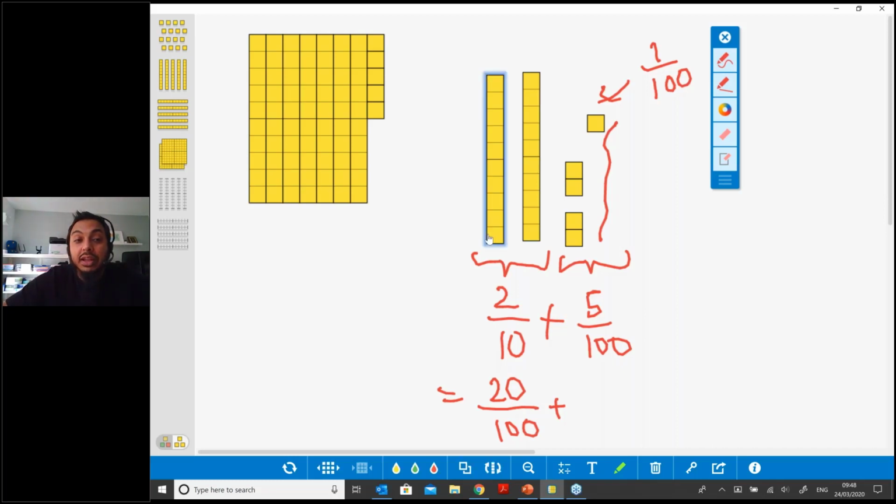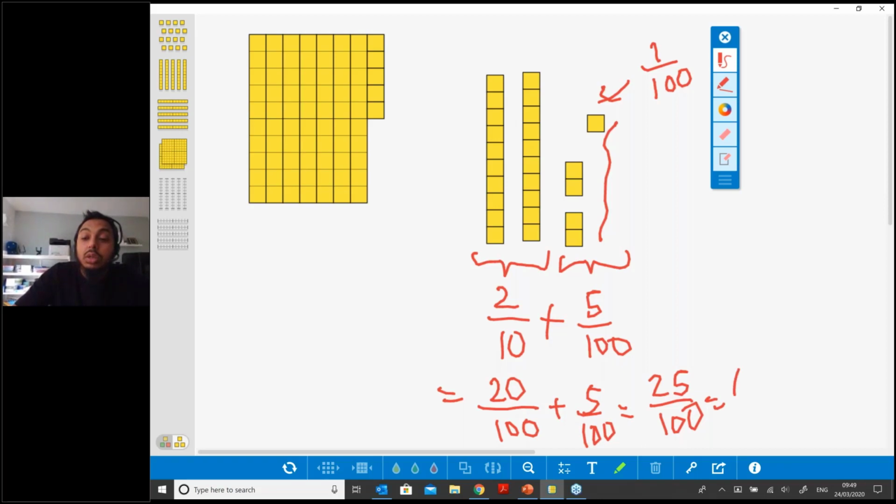I can see 10 here, and I can see another 10 here. 2 of those sticks is the same as 20 of these, and therefore that's 20/100ths. And I've got 5/100ths here. So altogether, I have 25/100ths. And 25/100ths can be simplified to 1/4. So that's why a quarter is 25/100ths.